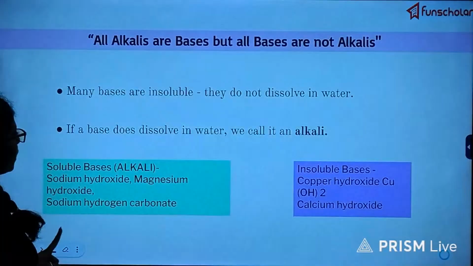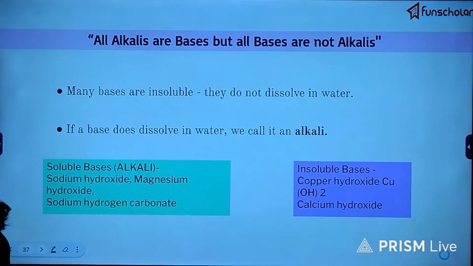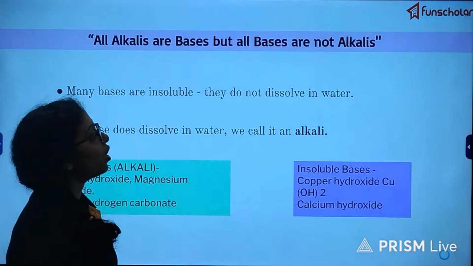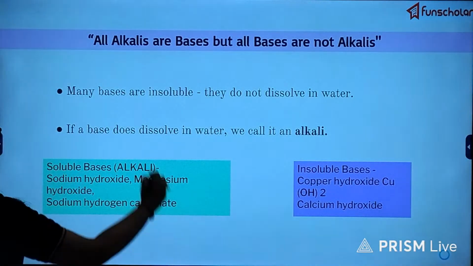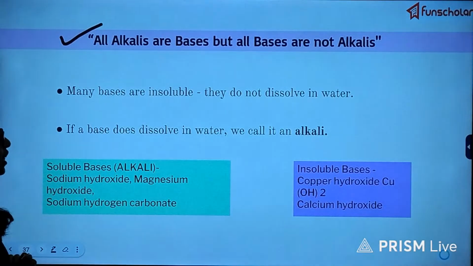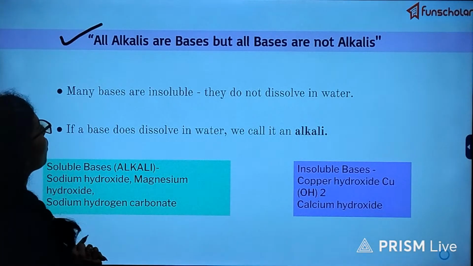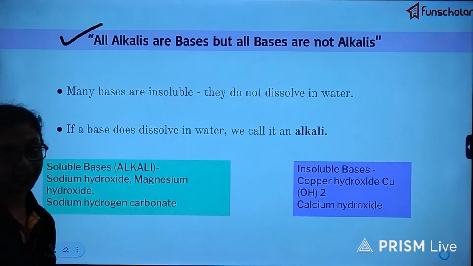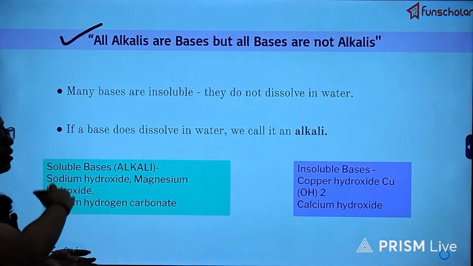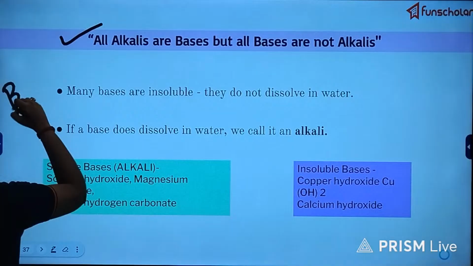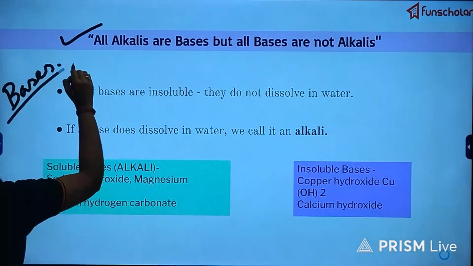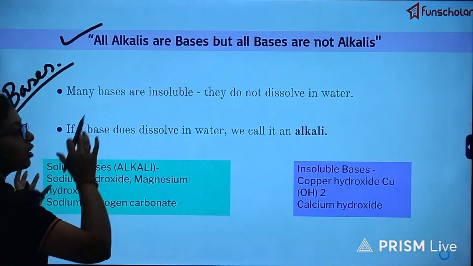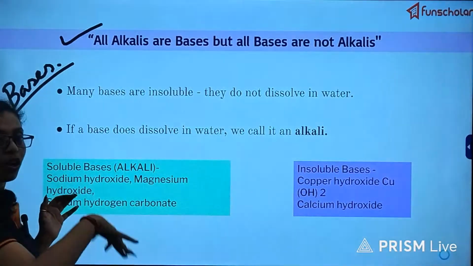All alkalis are bases, but all bases are not alkalis. Such a poetic line, isn't it? So all alkalis are bases. There is this umbrella term. Do you know what an umbrella term is? It is the bigger term, under which the shorter terms fall.